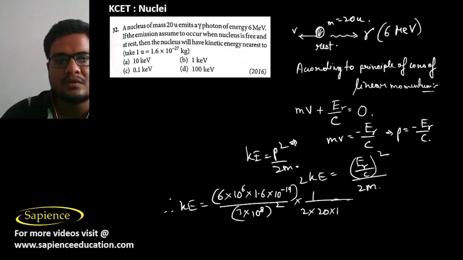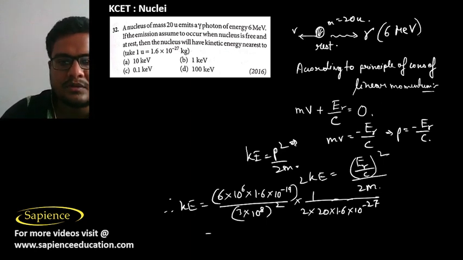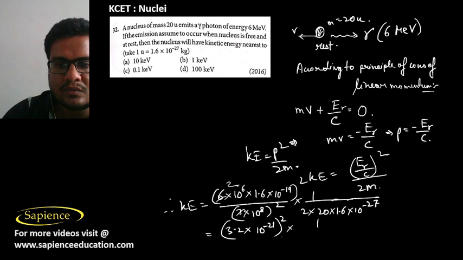So 1 u is 1.6 into 10 power minus 27 kg. So this we have to solve. This is equal to 3.2 into 10 power minus 2 minus 21 whole square into 1 by 40 into 1.6 into 10 power minus 27.